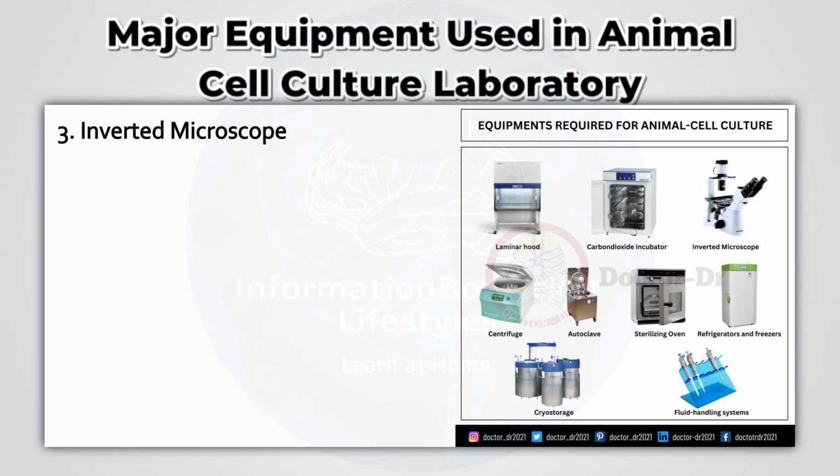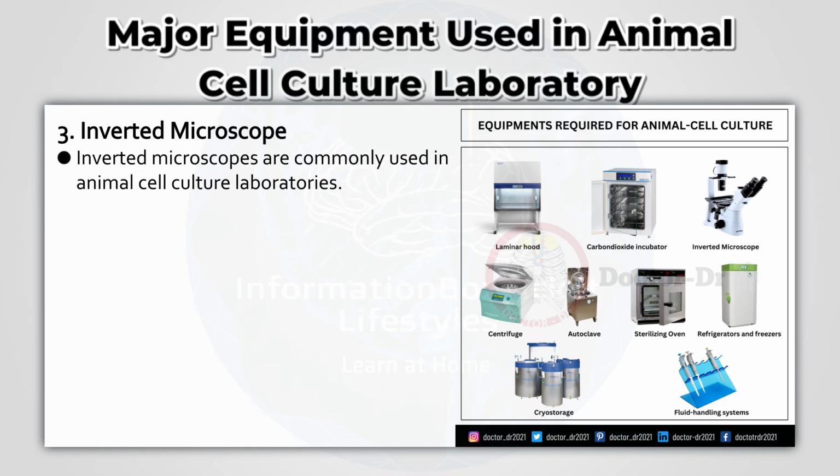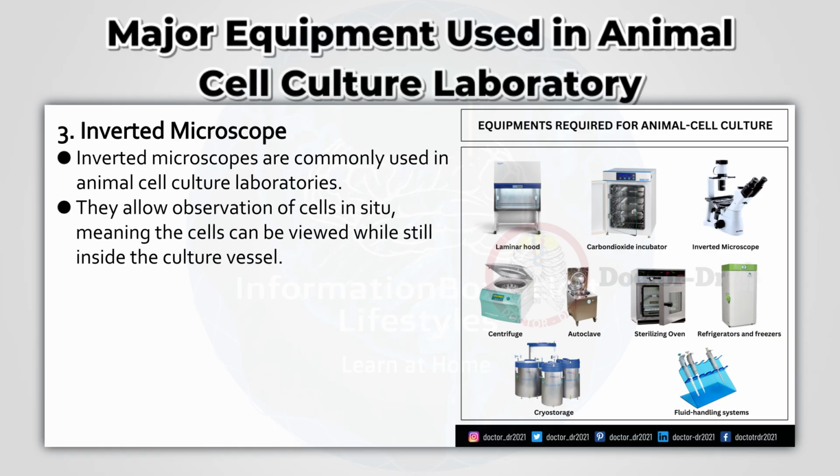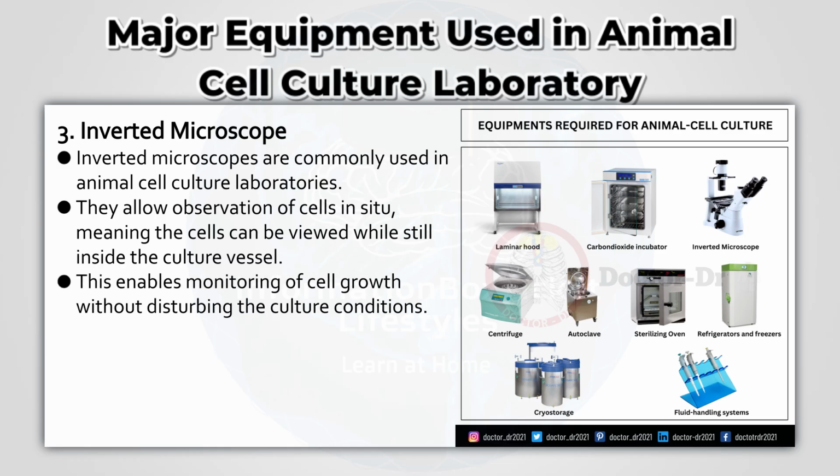3. Inverted microscope. Inverted microscopes are commonly used in animal cell culture laboratories. They allow observation of cells in situ, meaning the cells can be viewed while still inside the culture vessel. This enables monitoring of cell growth without disturbing the culture conditions.